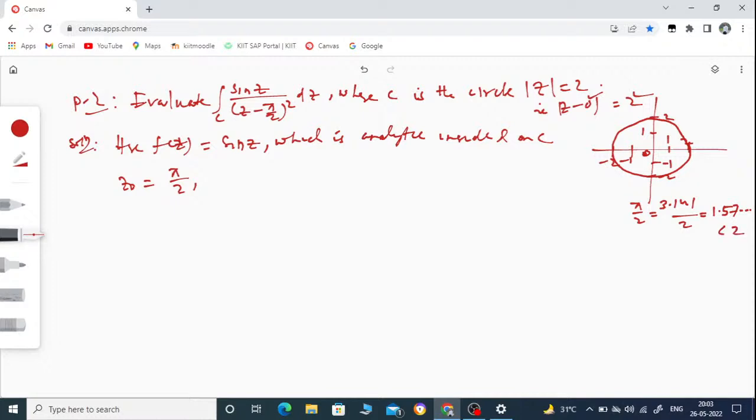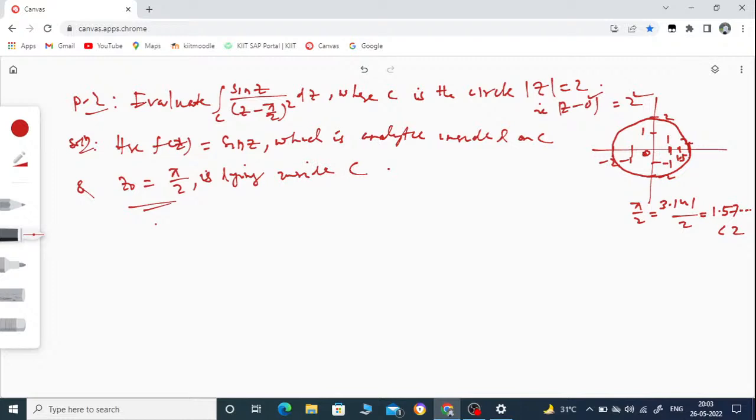So if this is 1 and this is 2, then 1.5 will lie here. That means pi by 2, this z naught, is lying inside the circle C.